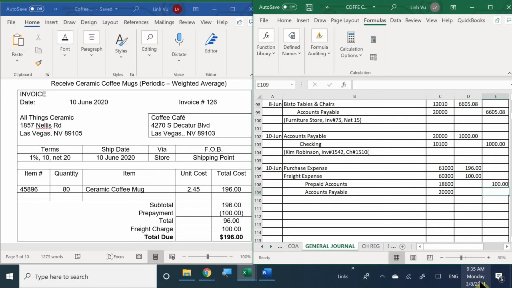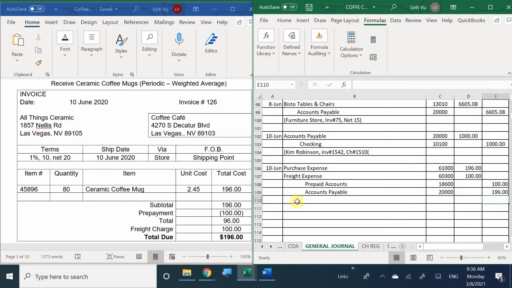And how much is my bill now? 196. And look at that. They both equal on both sides. Okay. So that's how you have to understand this. And then watch what happens when I apply that prepaid account to my actual invoice.